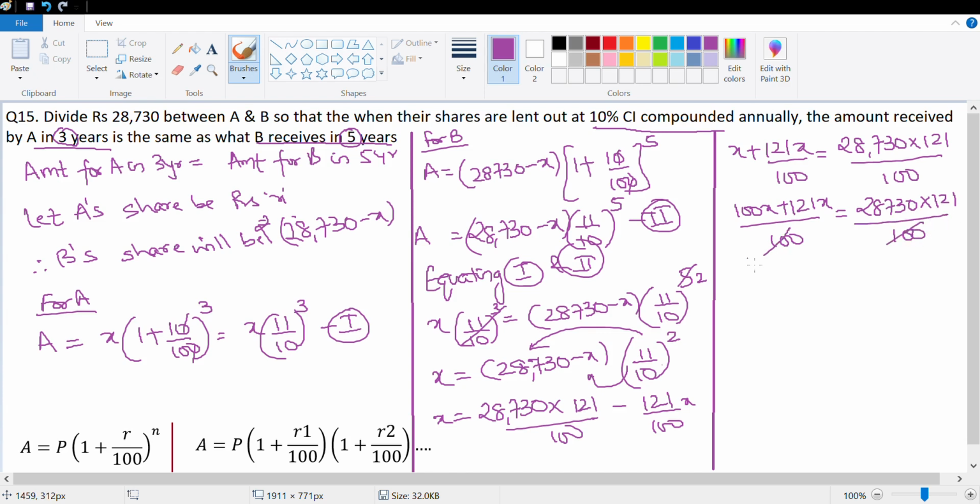Multiplying both sides by 100, this 100 gets cancelled. So this is 221x is equal to 28,730 multiplied with 121, which means x is equal to 28,730 multiplied with 121 upon 221.